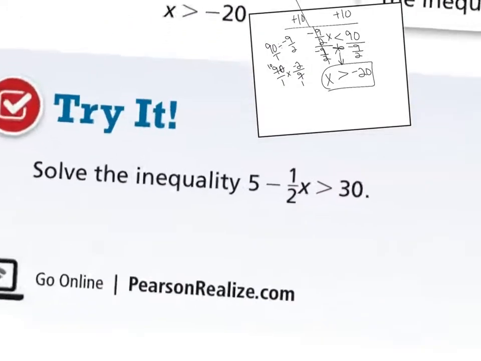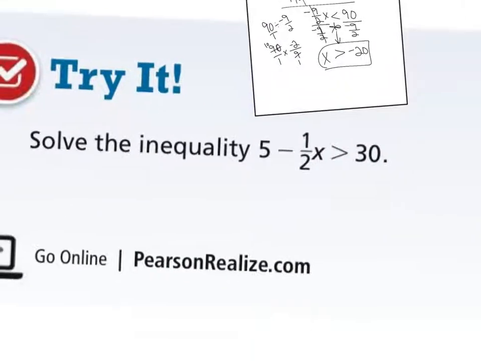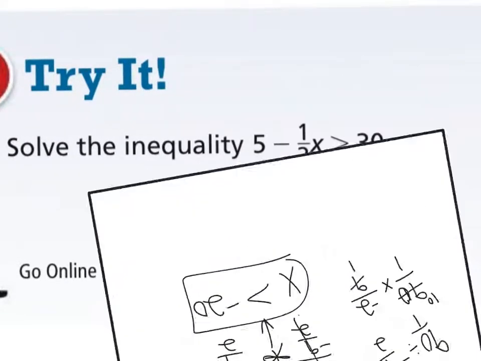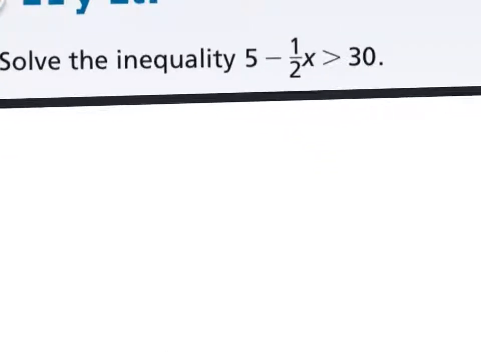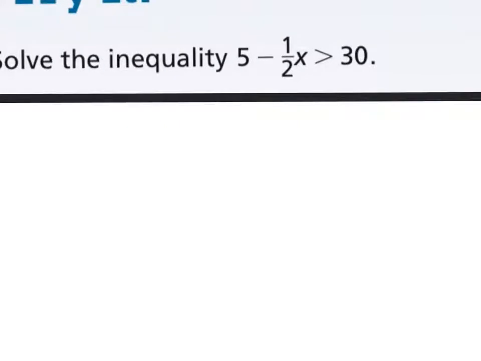So similar idea if we look at the try it. You can go ahead and add the opposite here if you want, and then see if we can solve this.